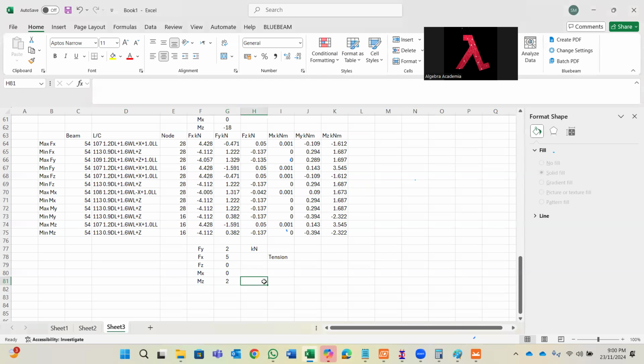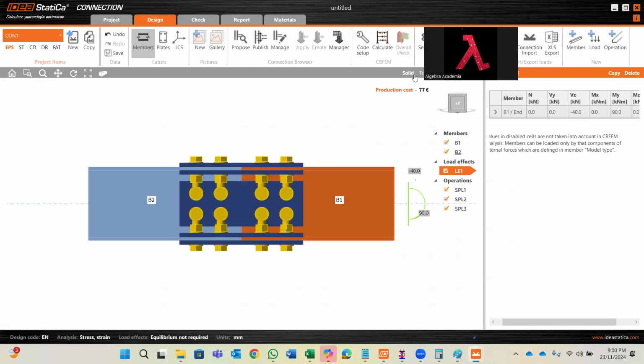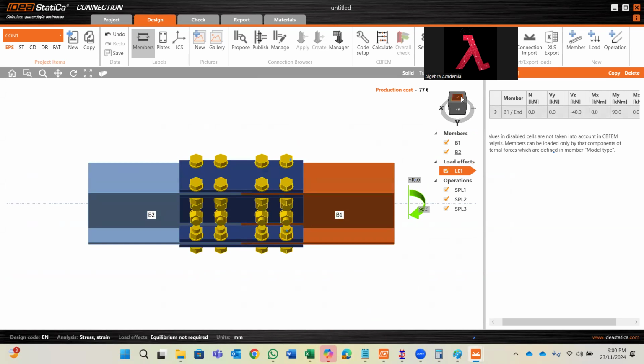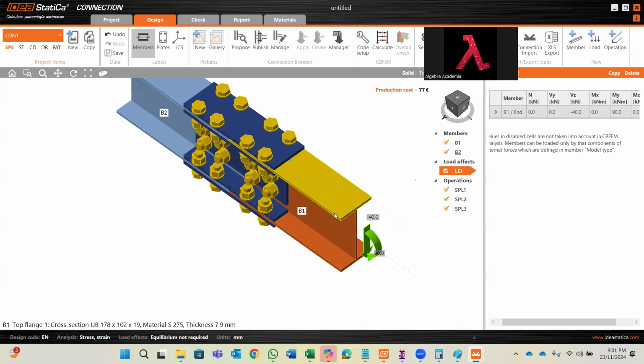So direct tension is 5. Direct tension is 5.